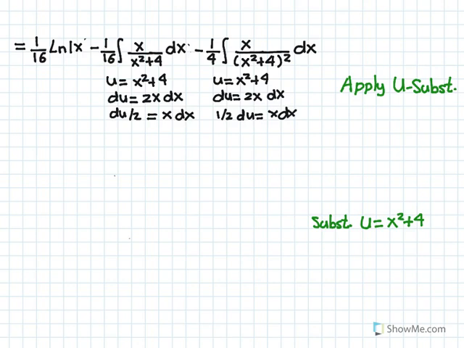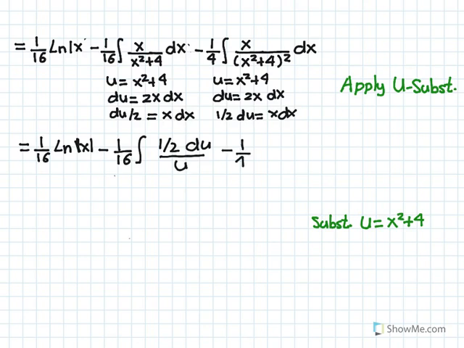Alright, so carrying over the solved integrals, let's carry those forward. We get 1 over 16 log of x. This part was done earlier, minus 1 over 16. Well, x dx is 1/2 du, so that's 1/2 du divided by u minus 1/4 integral x dx, again is 1/2 du divided by u squared.